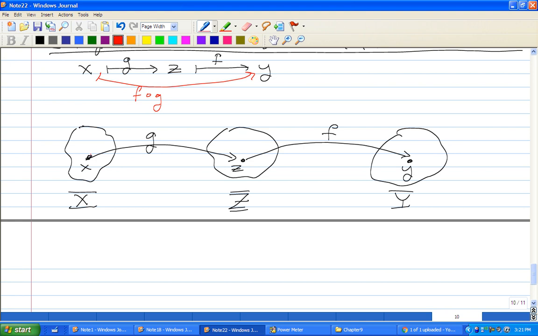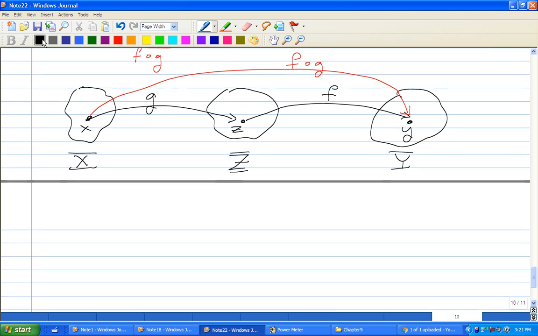Then I'm going to define a rule f composed with g. Okay, so let's do that formally.